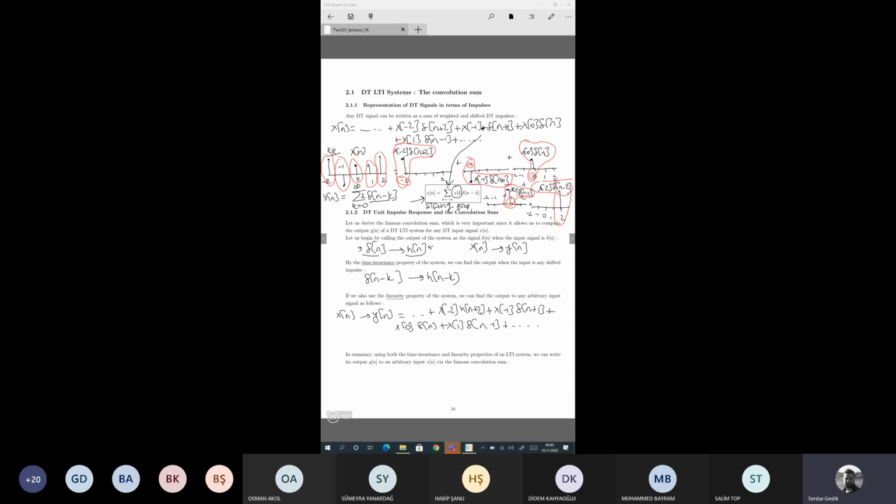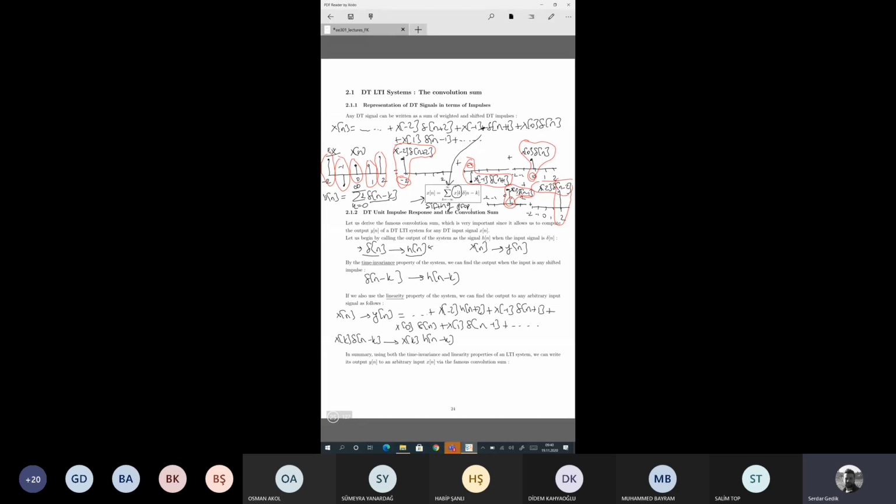So as a general case, if I have xk impulse of n minus k at the input, at the output I have xk h of n minus k. So this is our result, right?